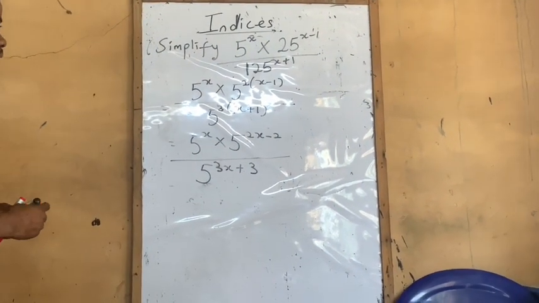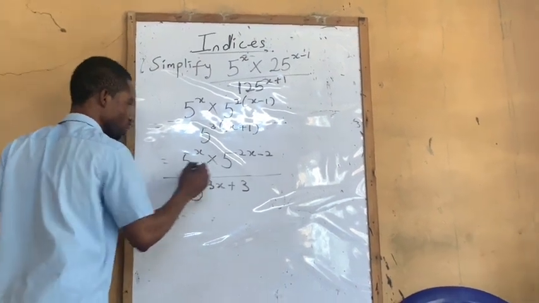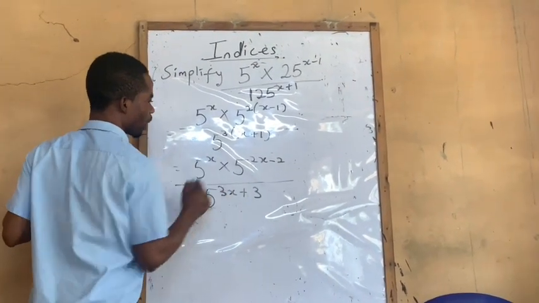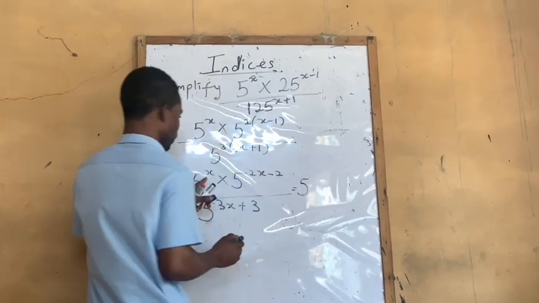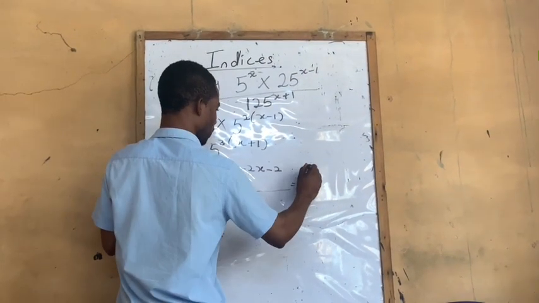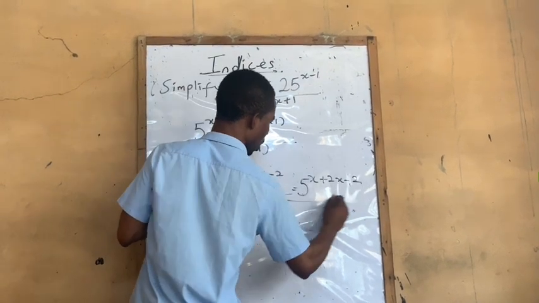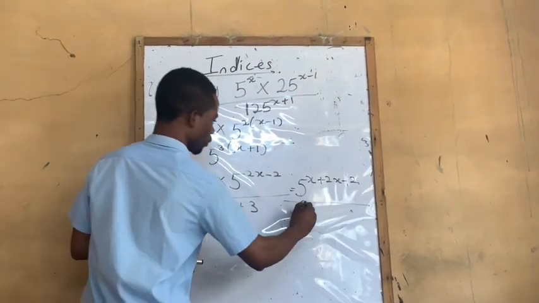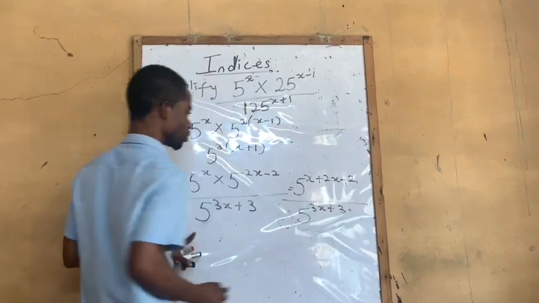So after that, according to your law of indices, when the bases are the same like this, you pick one, you add the powers together. That means it will become 5, you add the power x plus 2x minus 2, all over this 5 is power 3x plus 3.